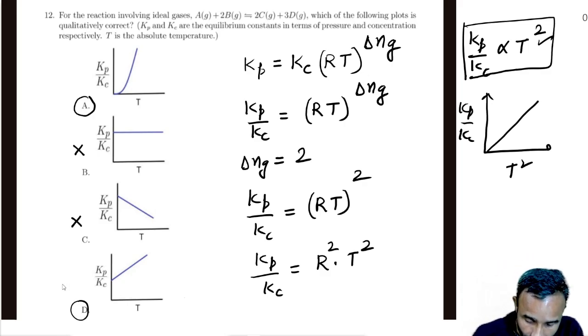But in case D, when temperature is 0, Kp by Kc has some finite value. That means D is rejected.